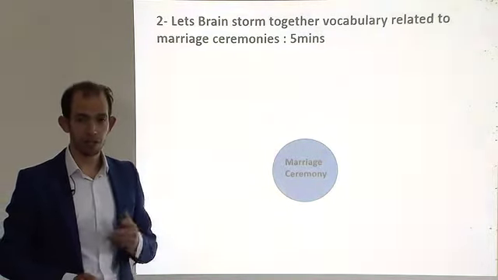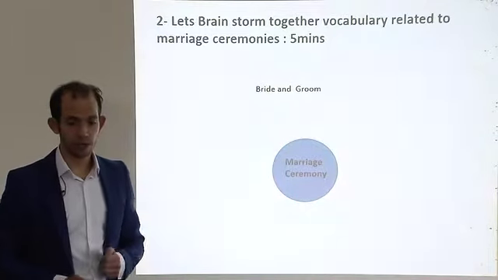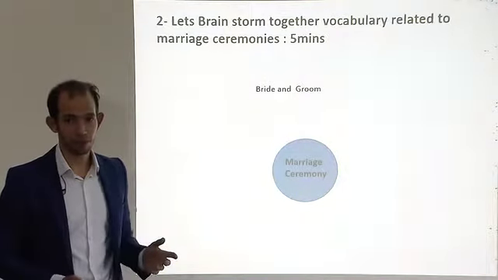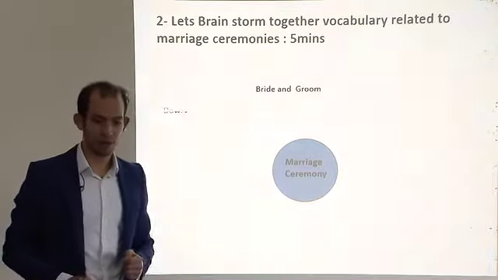So I'm going to give you some of the vocabulary related to marriage ceremonies. Bride and groom, you have just seen them, are the man and the woman getting married.